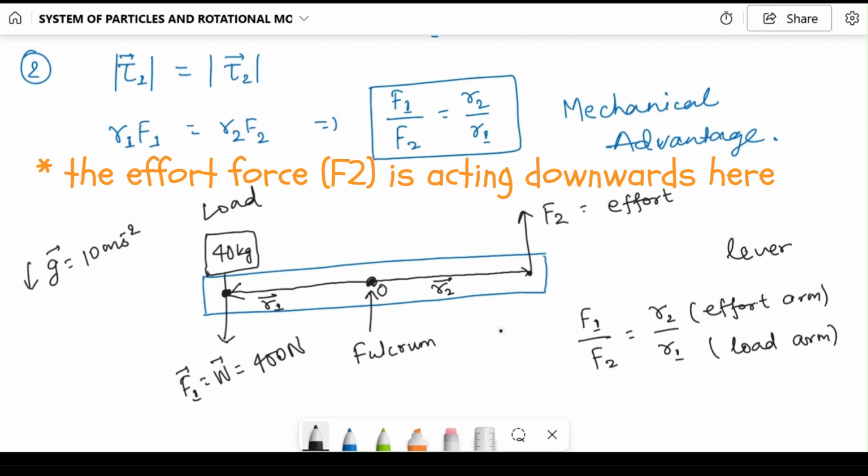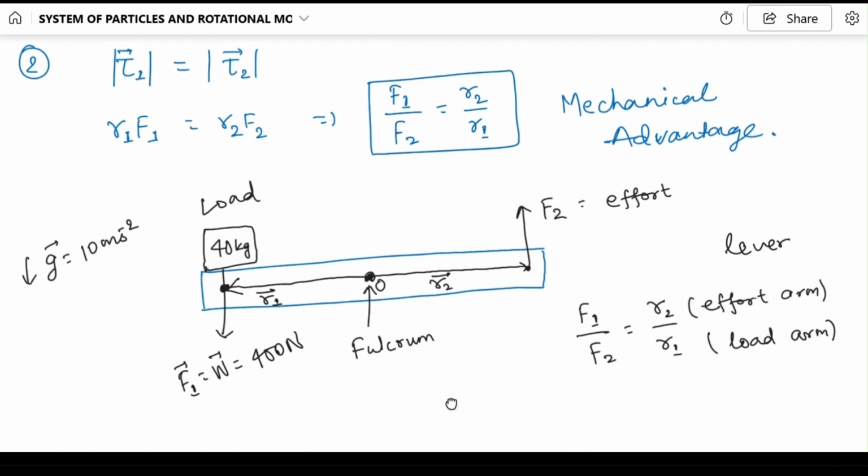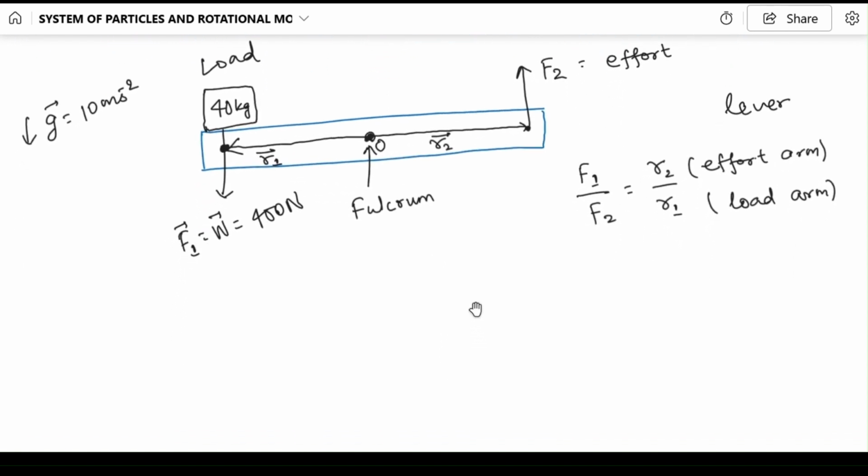Now in this particular scene, if I am asking how much force should be applied, how much effort is needed to keep this load balanced, you can easily say F1 is 400 Newton, and F2 we need to find out, along with R1 and R2.